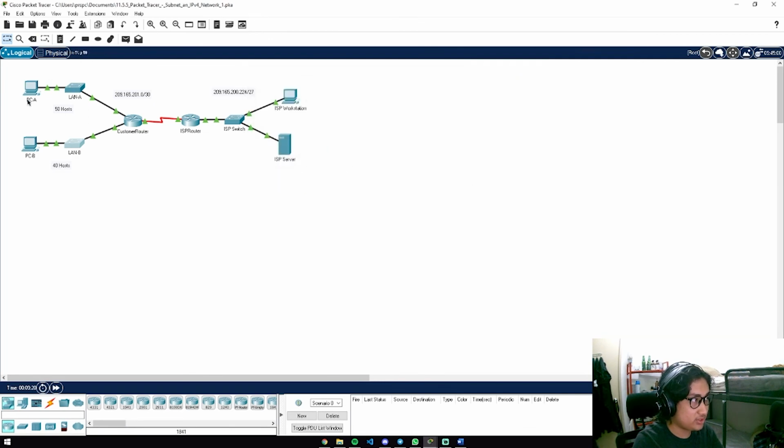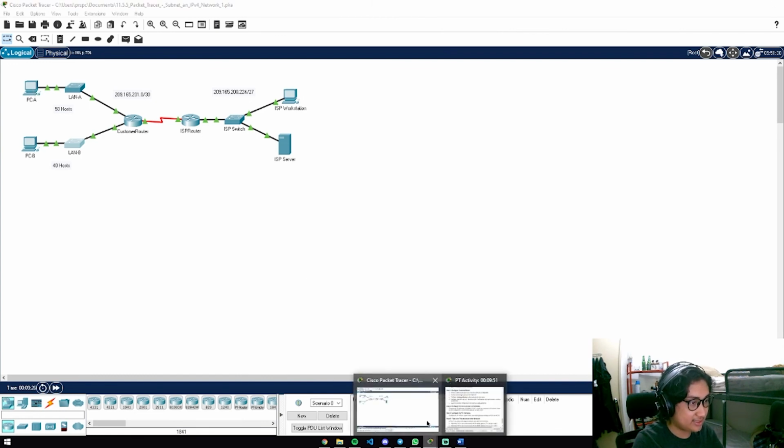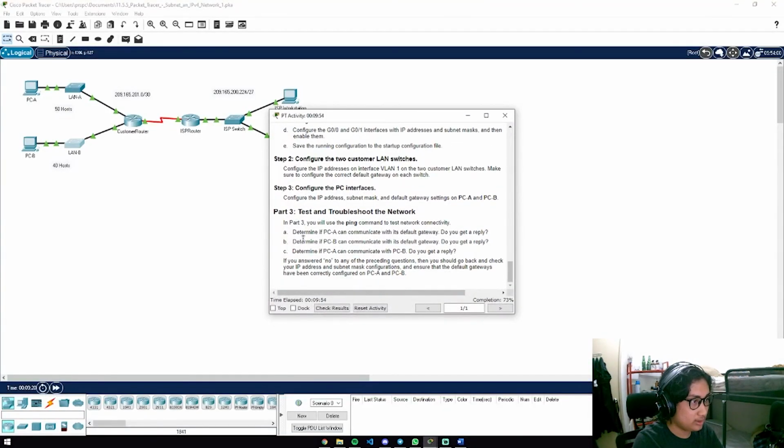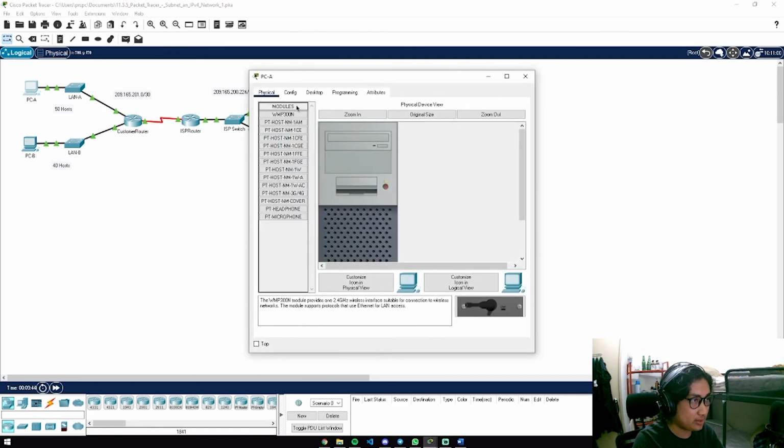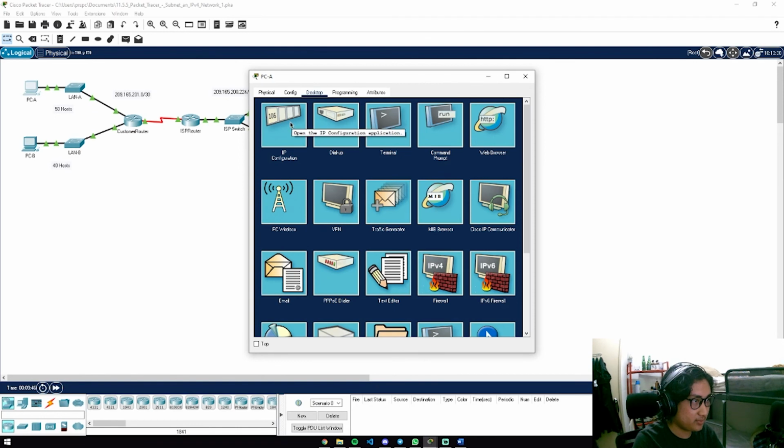ports, and now we just have to set the IP addresses for both PCs. As you can see here, we have to configure its IP address, subnet mask, and its default gateway, which is well written in the table. So we go to PCA, we open up desktop, and we open the IP configuration.